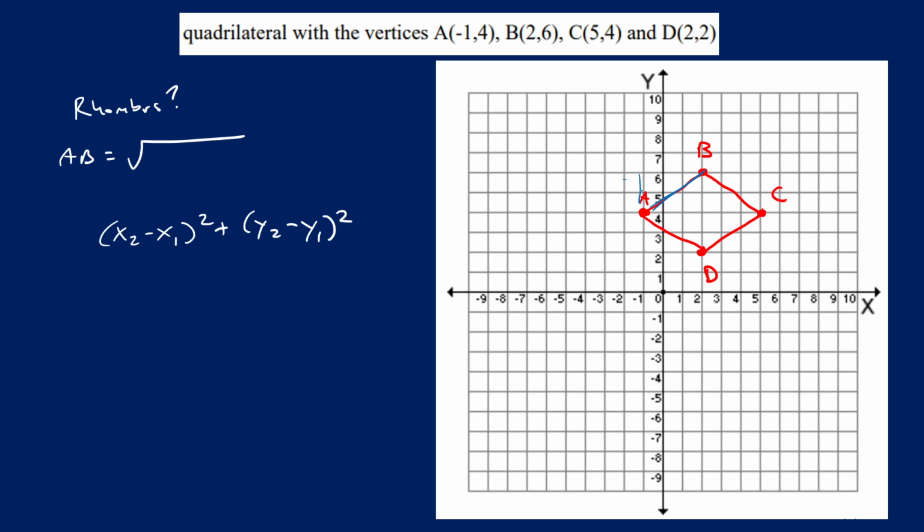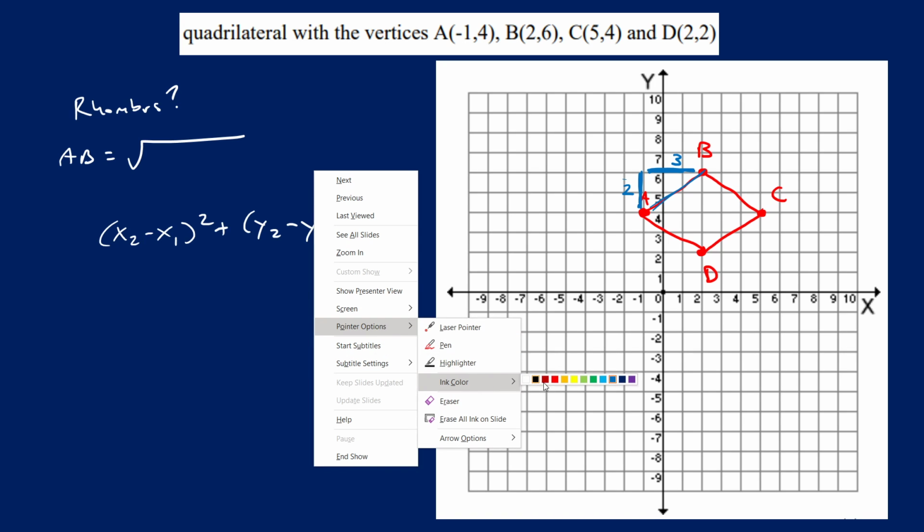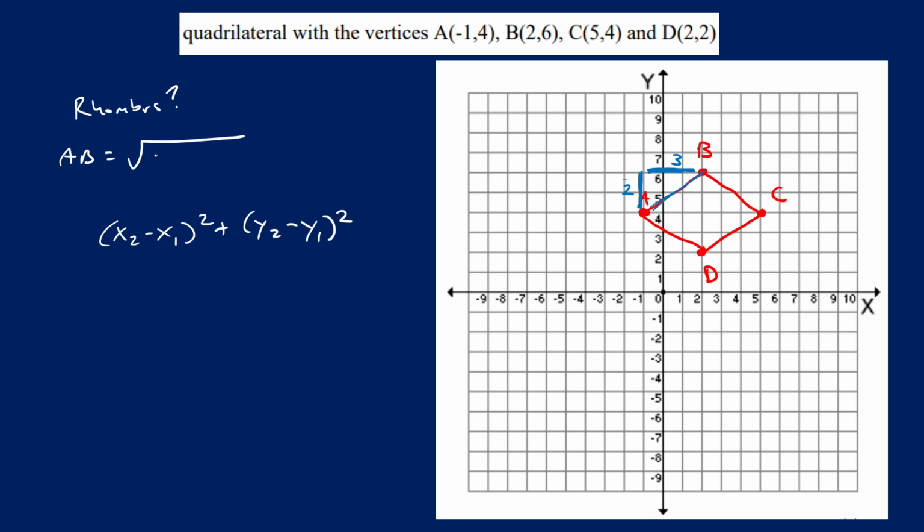Well, you can take the difference in the y coordinates is 2, and the difference in the x coordinates is 3. And so when you're setting up your distance formula, you could simply do 2 squared plus 3 squared if you wanted to. And that comes back from when we used to do Pythagorean theorem to do this. And so that's going to give you 9 plus 4 is 13.